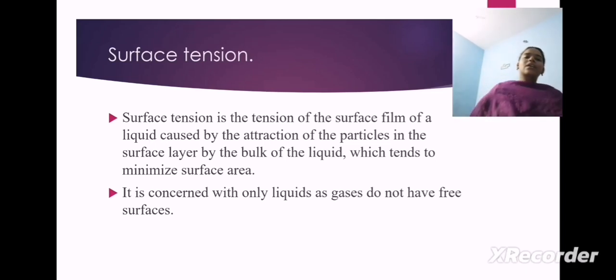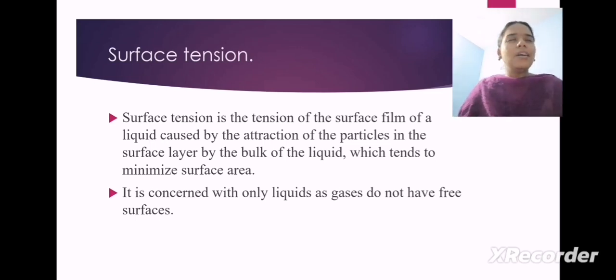It is concerned with only liquids, as gases do not have a free surface, right? Can you see a surface of a gas? No. When coming to nitrogen, you can see that gas, but you can't see its surface. So surface tension only deals with liquids.